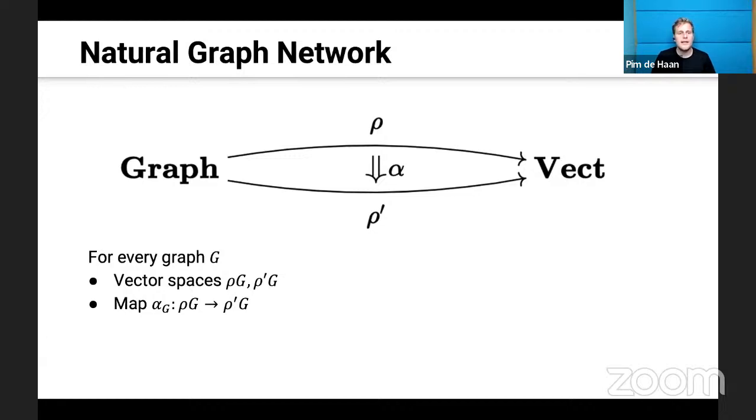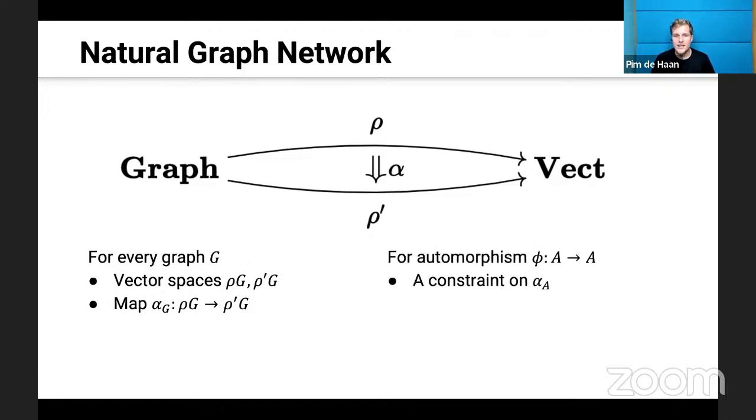Concretely, this entails that for every graph, we assign it an input vector space rho of G and an output vector space rho prime of G. And we also have a component of the natural transformation that maps from the input vector space to the output vector space.